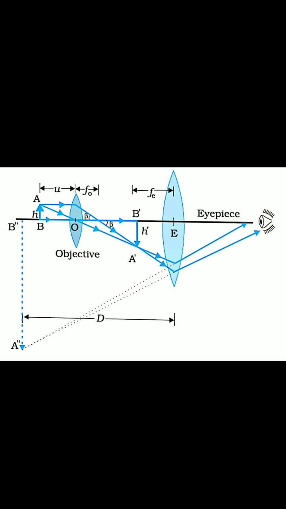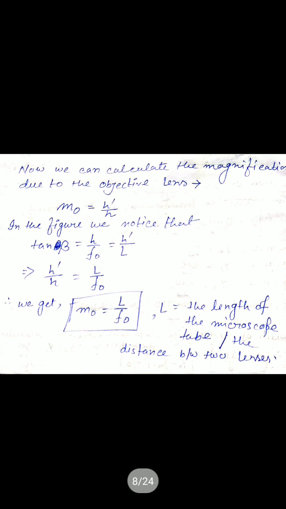The total magnification of the compound microscope is m equals m0 into me. Using tan beta by tan alpha, we get h dash by h into d by ue, that is m0 and me. So we prove them individually.